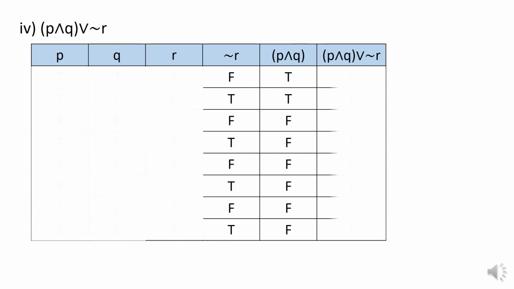And thus we get the truth values for the last column. And the entire truth table would look like this.